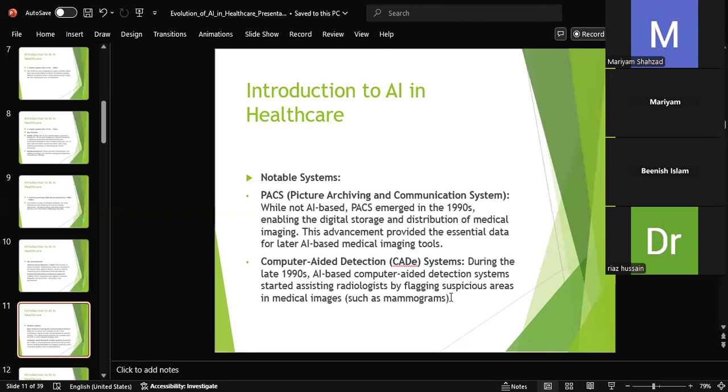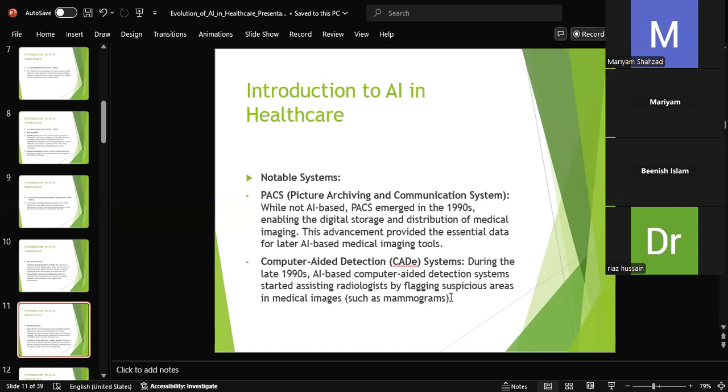So now, if we talk about computer-aided detection, it was invented during the late 1990s. These were AI-based computer-aided detection systems which started assisting the radiologists by flagging suspicious areas in the medical images, such as mammograms.